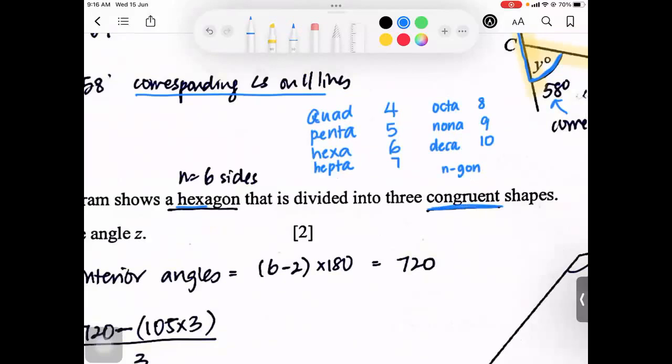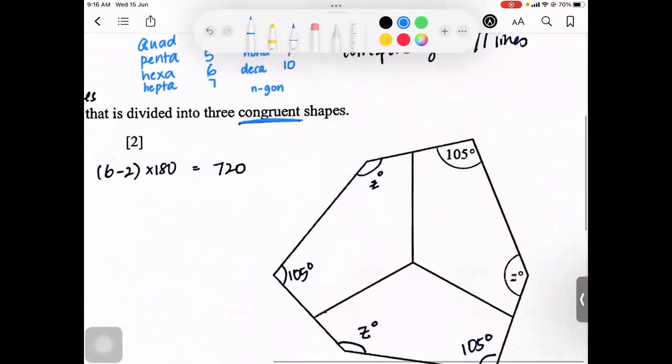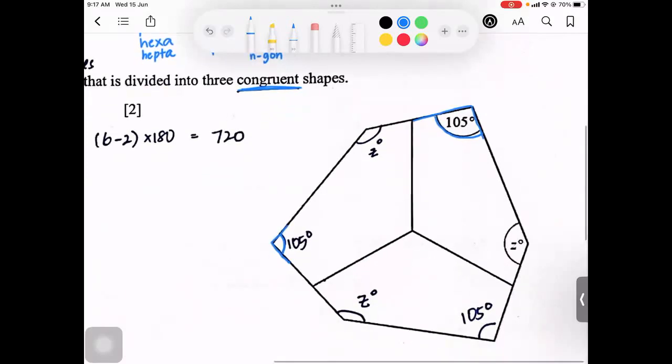When it says congruent shapes, it means certain angles are going to be the same. So what do we have? We have 105 here. This one is the angle that looks a little bit very squarish, very sharp. So immediately I mark in all the other angles that look like it. That is also of the same angle. So this is 105.